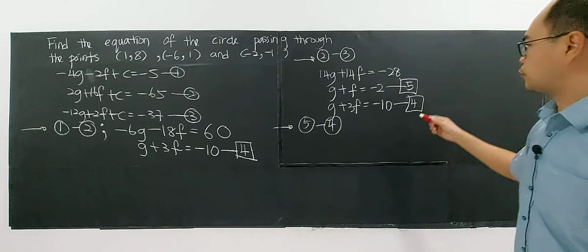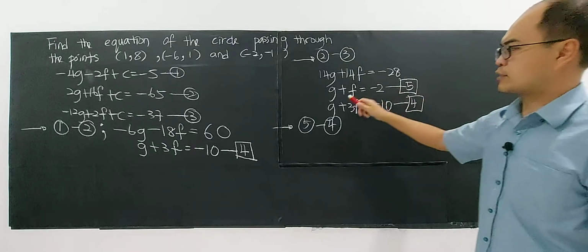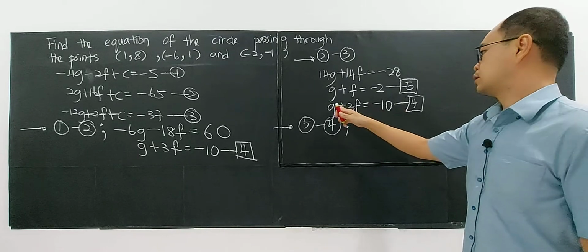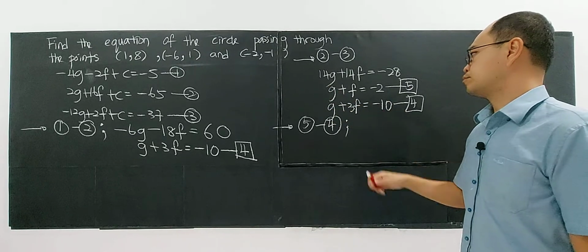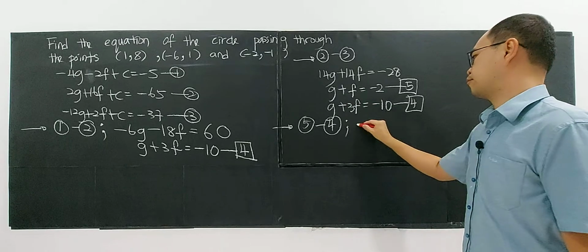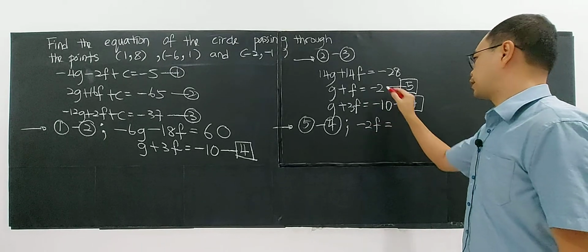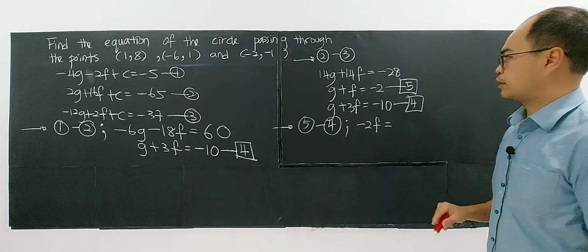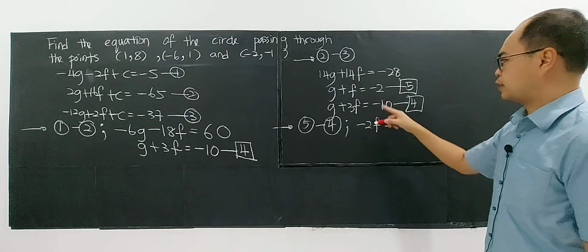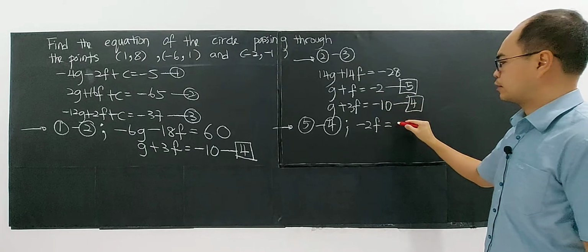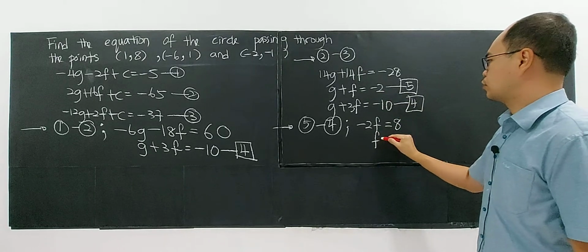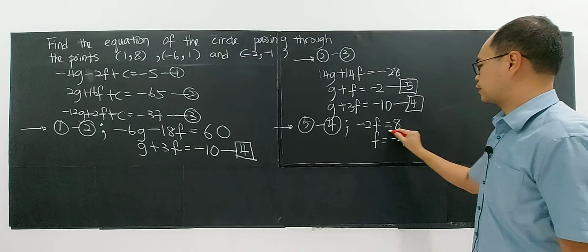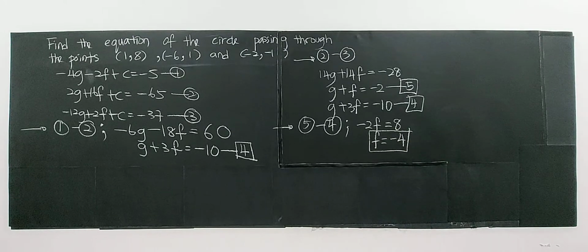Either way is okay, because I want to eliminate g. So g minus g is 0. f minus 3f is negative 2f. Negative 2 minus negative 10, so negative 2 plus 10, you get 8. So you get f to be negative 4. The value of f will be negative 4.